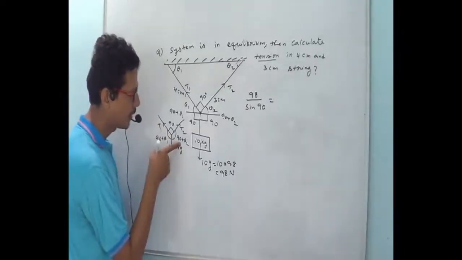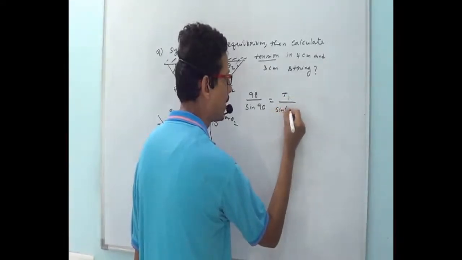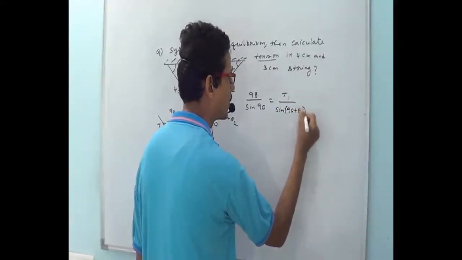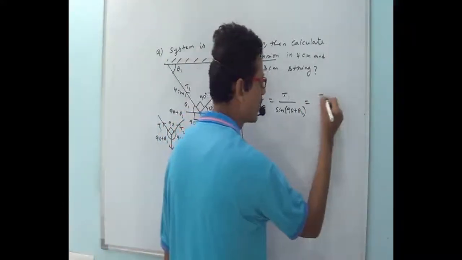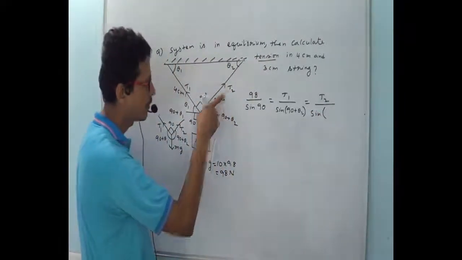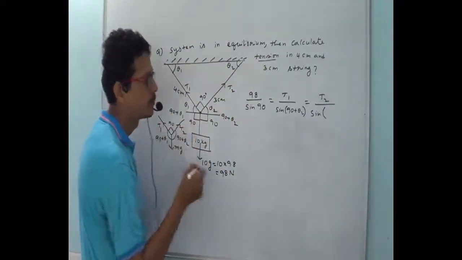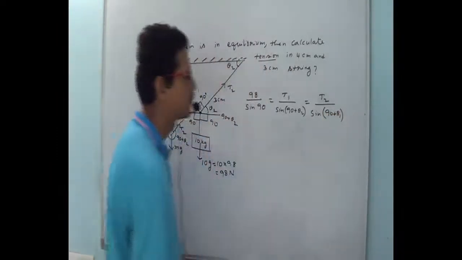Now you tell the Lami's theorem. T1 divided by sine 90 plus theta 2, that is equal to T2 divided by sine of that opposite angle. What is the opposite angle for this? 90 plus theta 1. Okay.